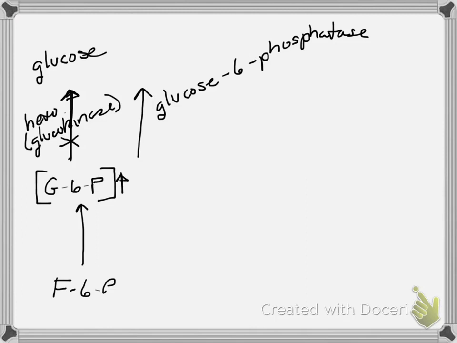Now this enzyme is going to work primarily on substrate concentrations. So again, same principle as we've seen before, the glucose 6-phosphate concentration is going to increase because we are feeding the gluconeogenic pathway from below, and so that's going to make a rather high concentration of glucose 6-phosphate.